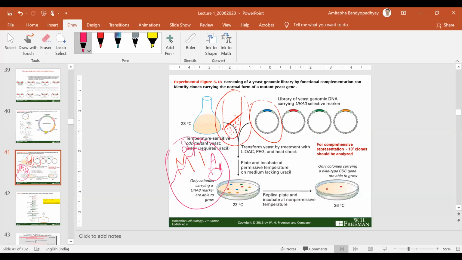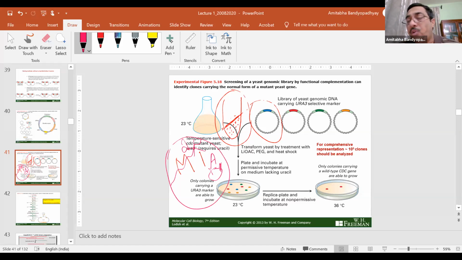Yes, sir. So the advantage that microorganisms give us is that one microorganism can be transformed with only one plasmid at a time. So even though you are transforming with the whole library, within one cell only one plasmid will go in. Now you will only look for the colonies that are growing at 36.